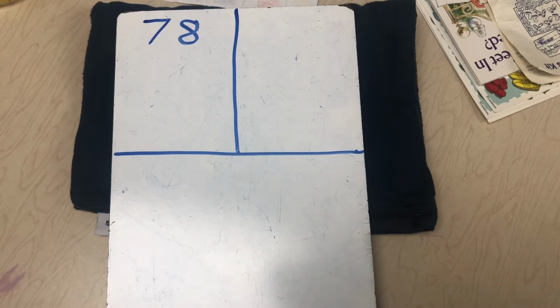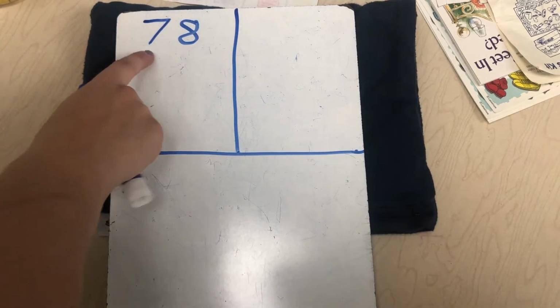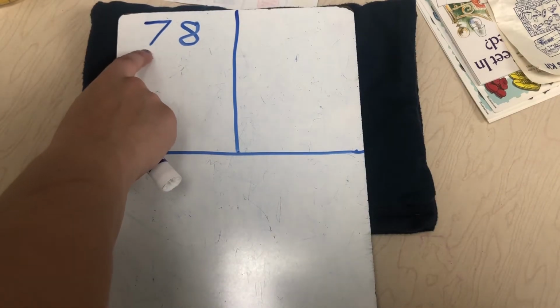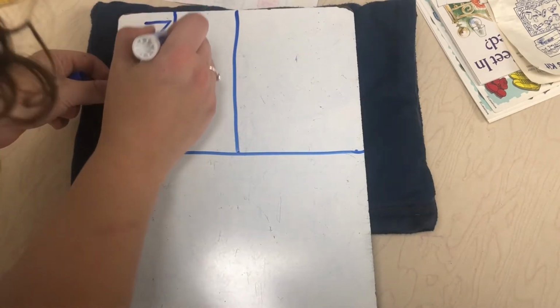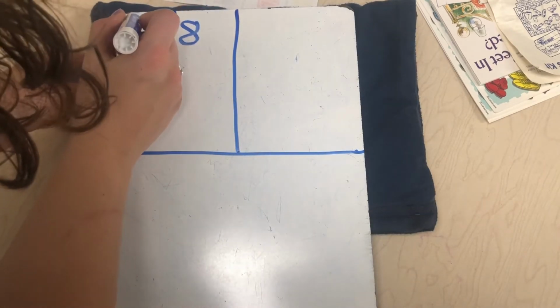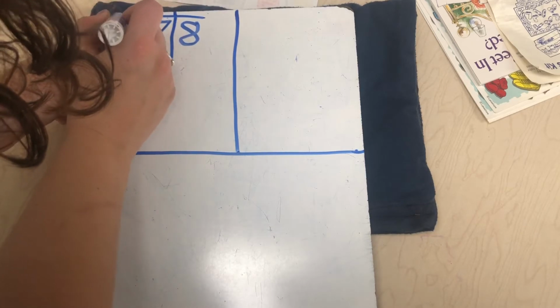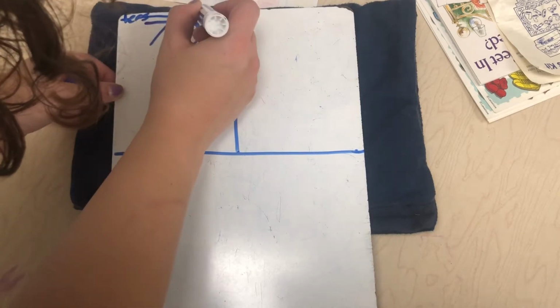Now we are going to move into place value for 78. So we are going to find, okay, how many tens are in the number 78? This is the 10 side, right? You can always divide your numbers up and put tens and ones.